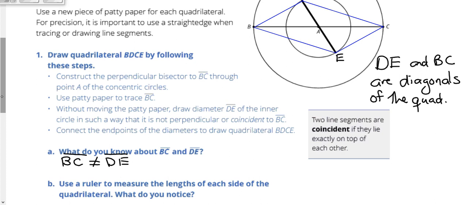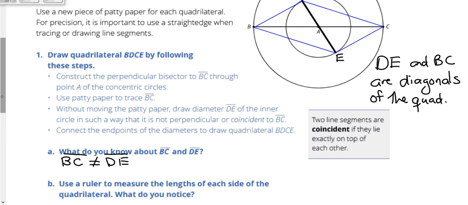So there is a line that's connecting CE. Those two vertices, or points, on the quadrilateral are adjacent. They are next to each other. That's the side of the quadrilateral. But C and B are corners, vertices of the quadrilateral, that are non-adjacent. So DE and BC are diagonals. So in whatever this quadrilateral is, we know that the diagonals are not equal.